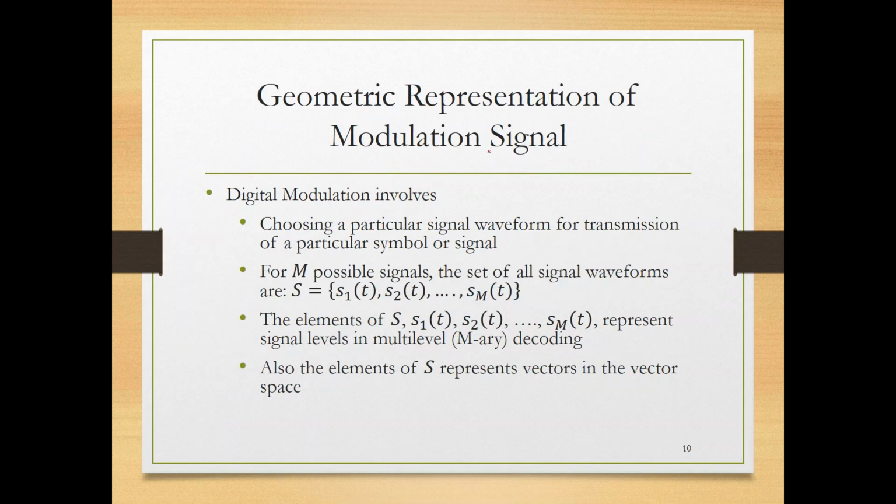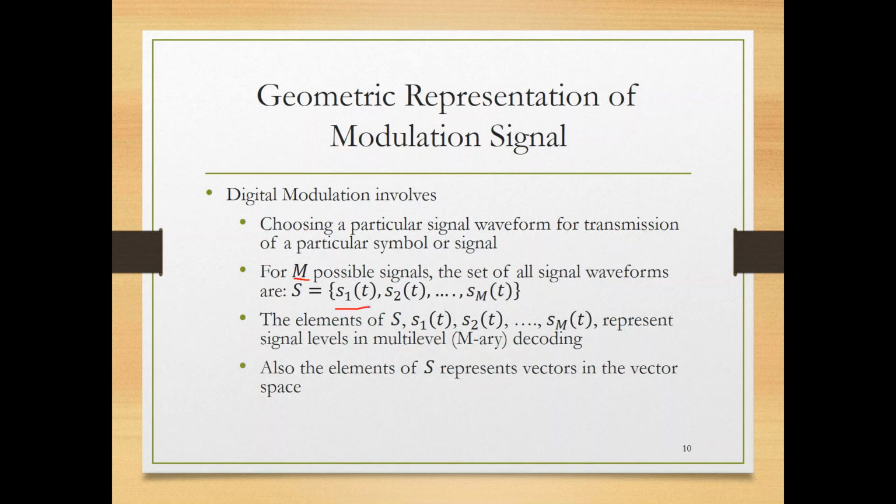The geometric representation of modulation signals. Digital modulation involves choosing a waveform for transmitting a particular symbol or signal. For M-array modulation schemes, you have M possible signals. Each level corresponds to a signal, and we put these signals in a set.